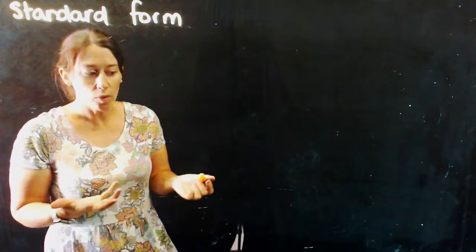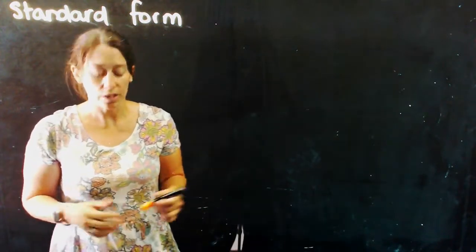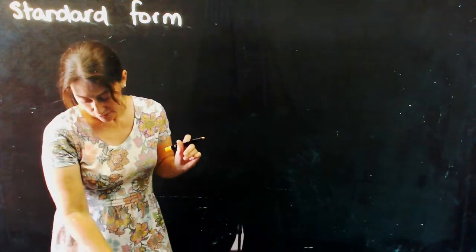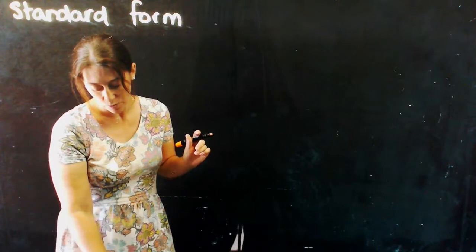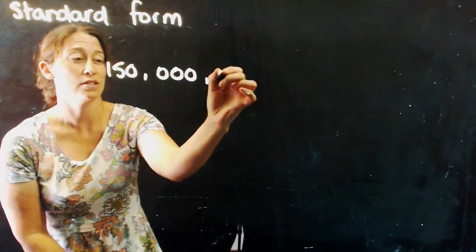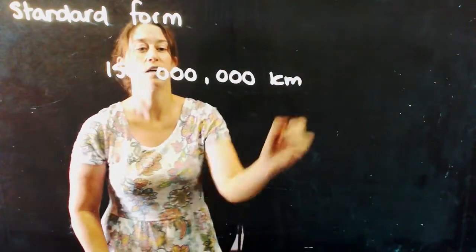So why would we need very large numbers? Well, let's do an example. The distance from the Earth to the Sun is approximately 150 million kilometers. That's a very large number.